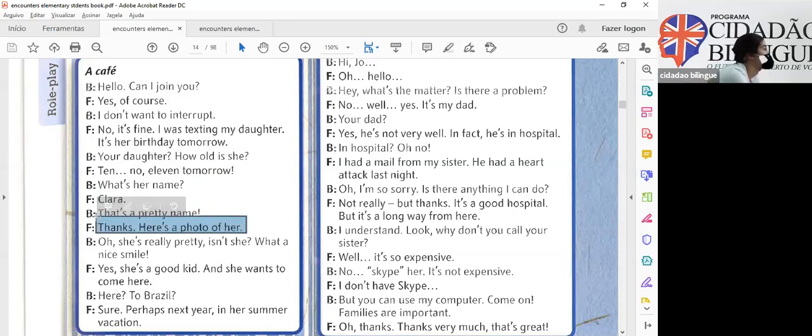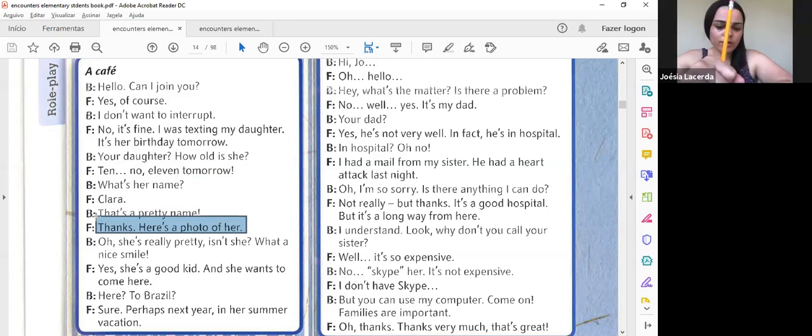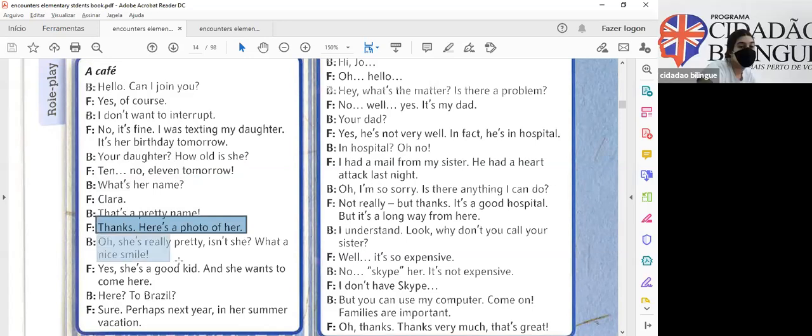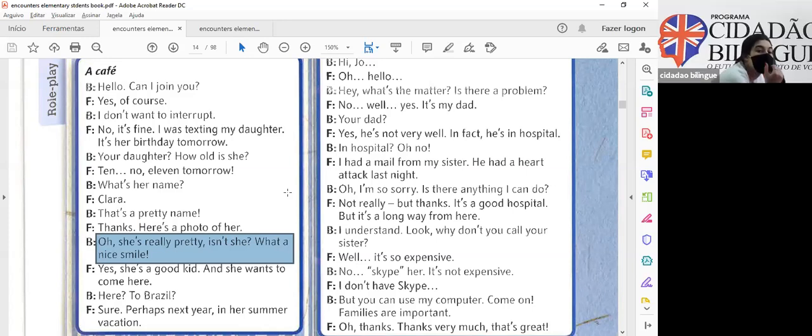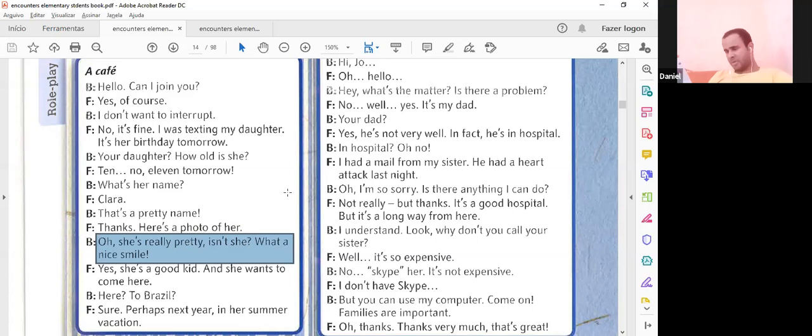Thanks. Here's a photo of her. Oh, she's really pretty, isn't she? What a nice smile.